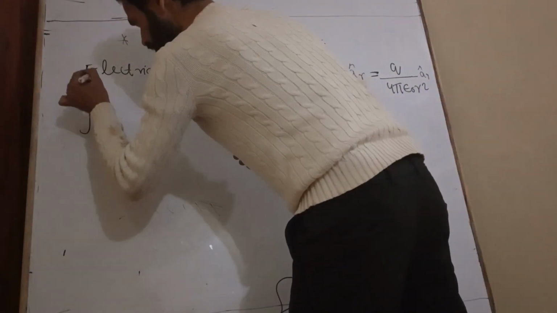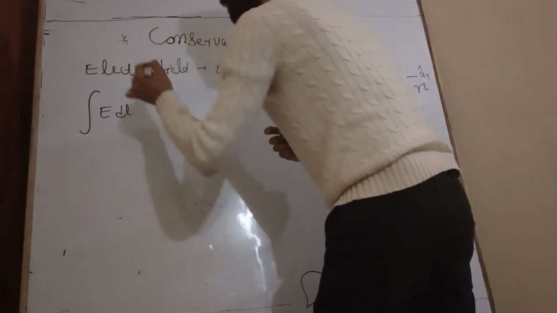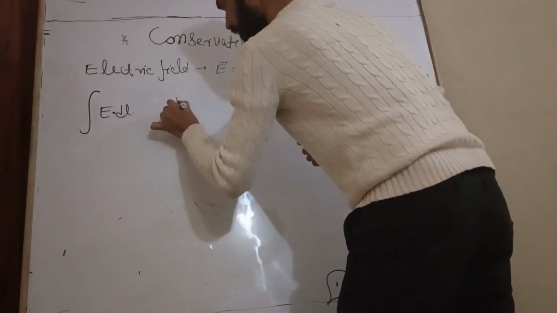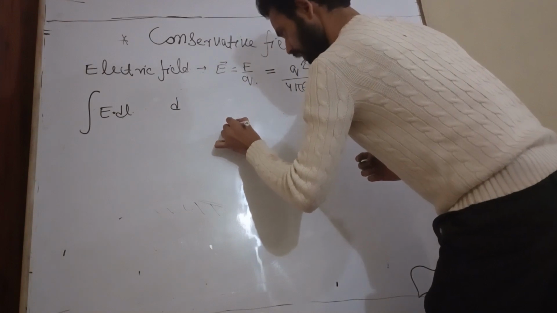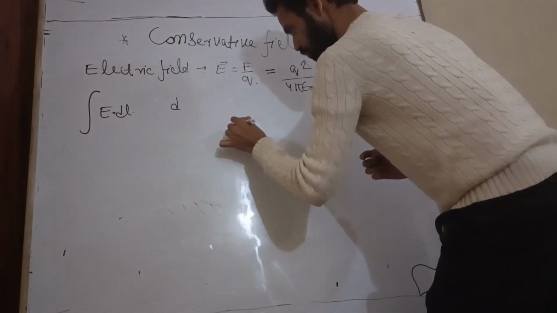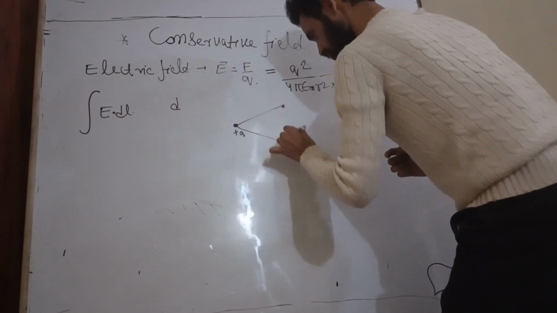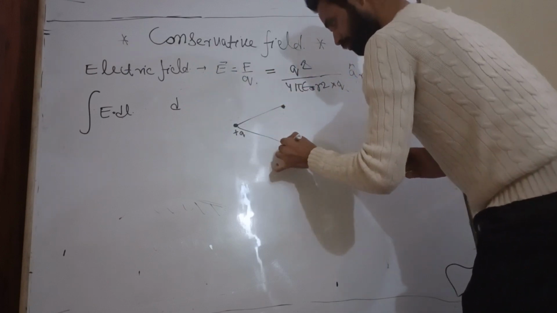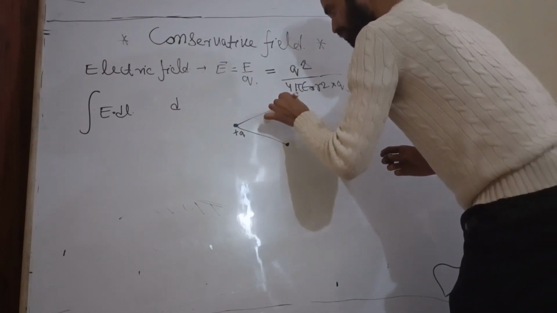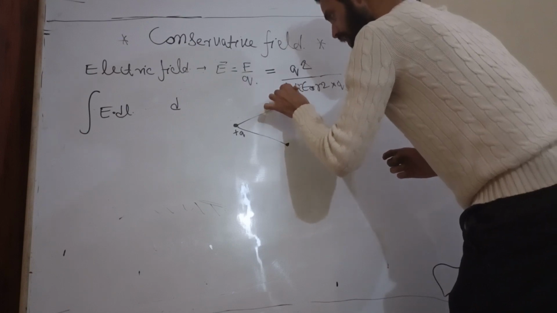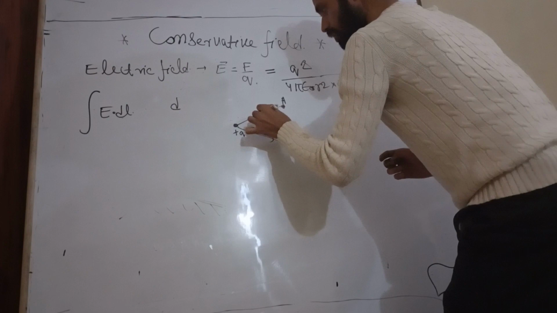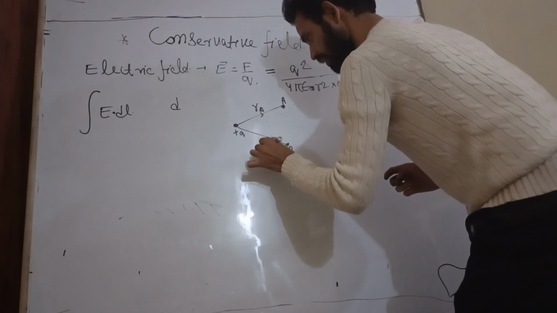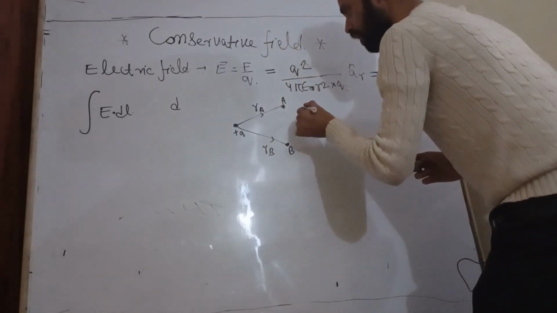Now see the closed line integral of E vector dot dl. Let's say there is a positive charge. Due to this charge, an electric field is established at point A and at point B. Let this distance be RA and this distance be RB.